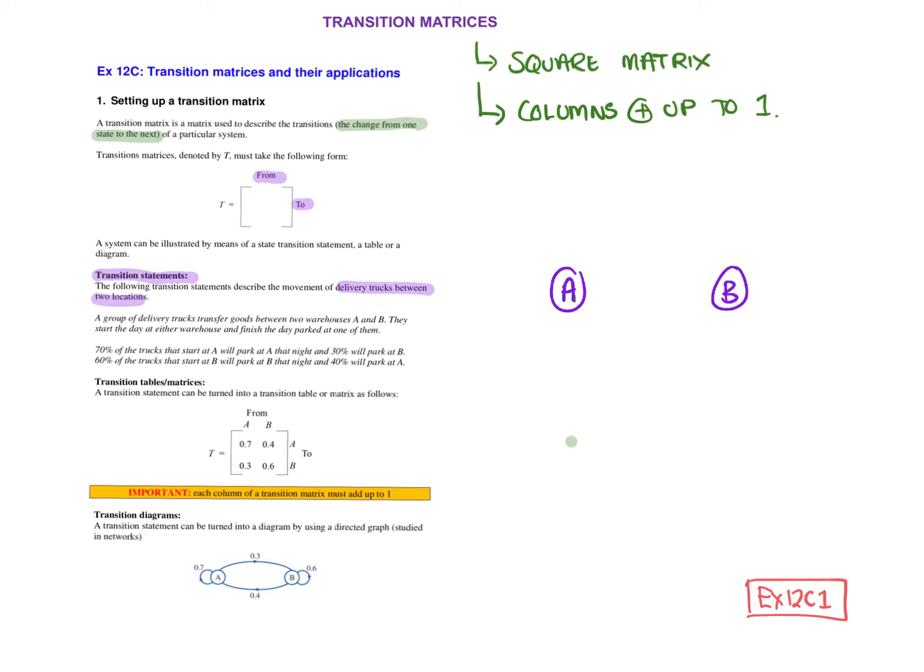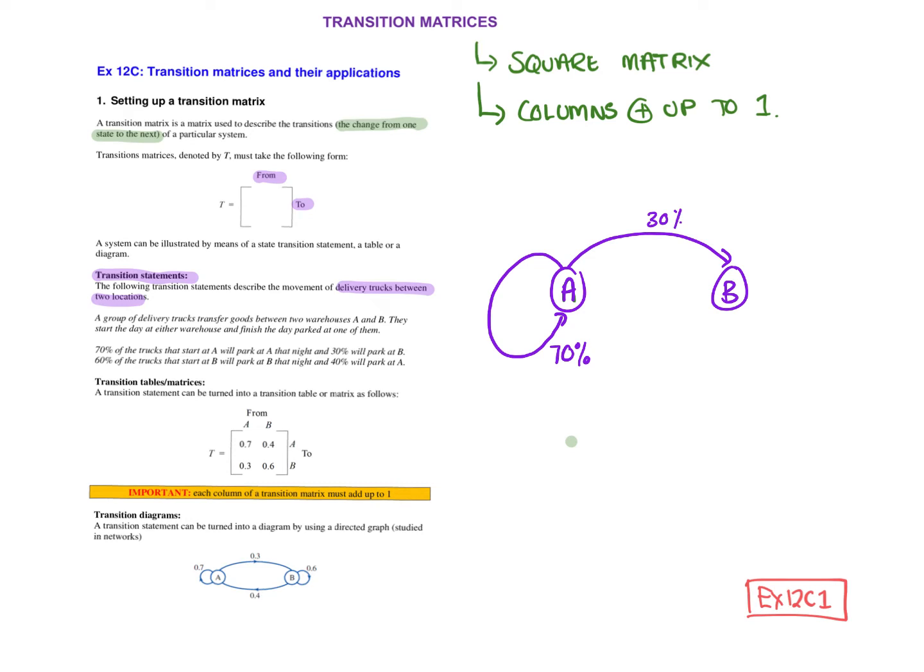If the trucks started at site A, 70% of them go back and get parked at A again. Of the ones that start at A, 30% are going to end at B on the next day. So they park at B.